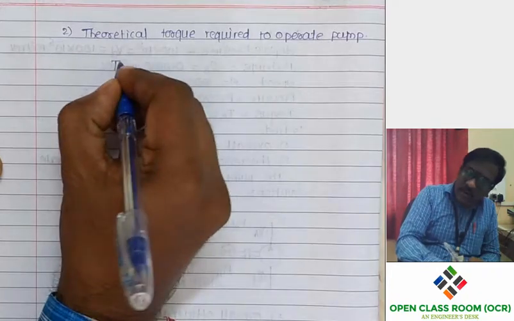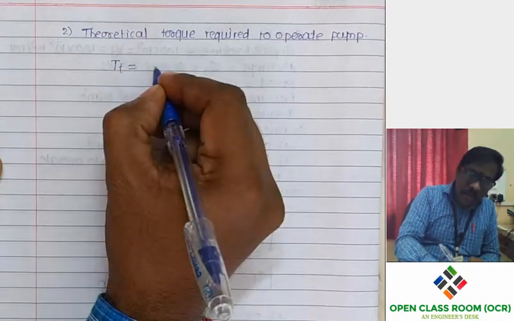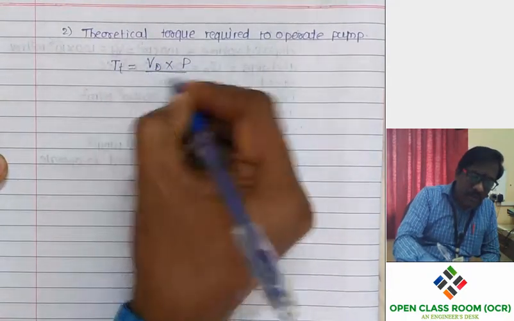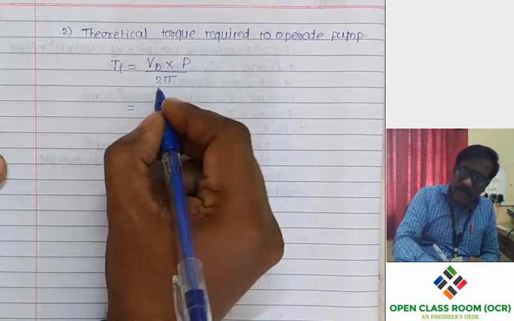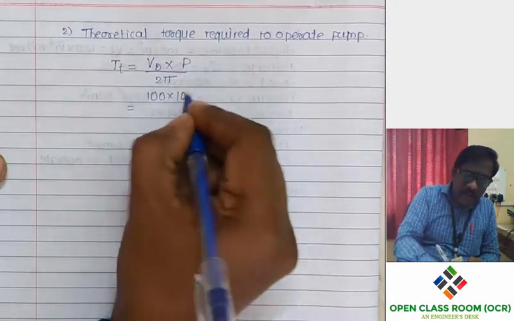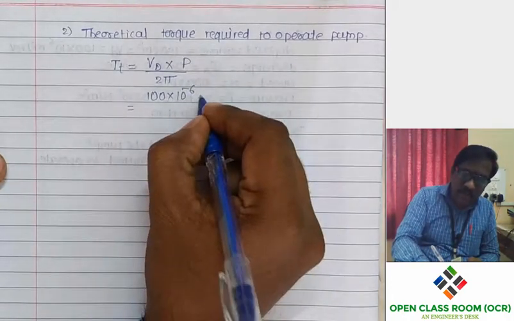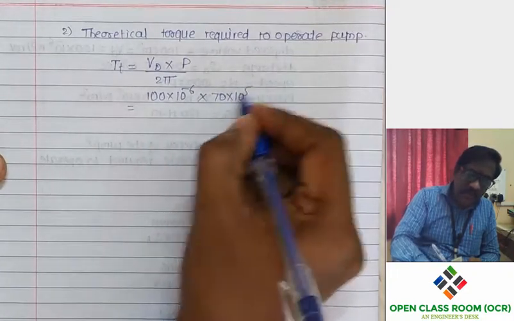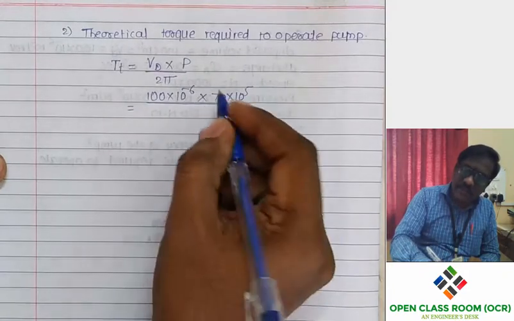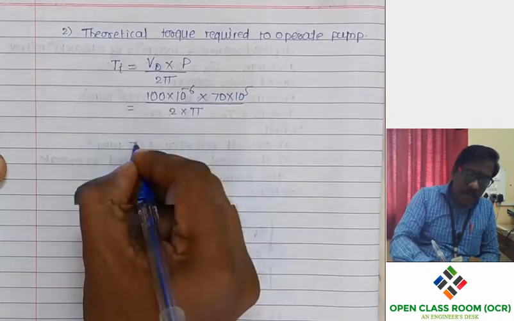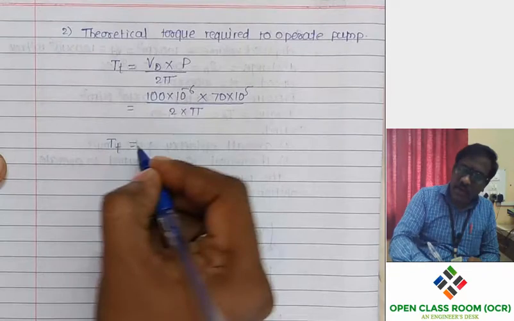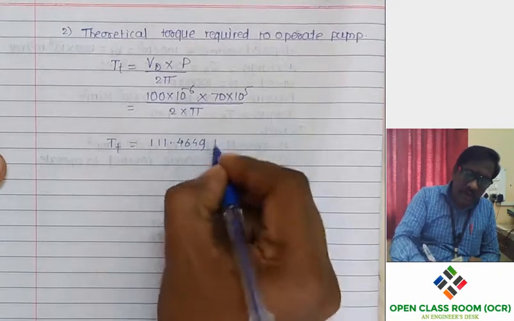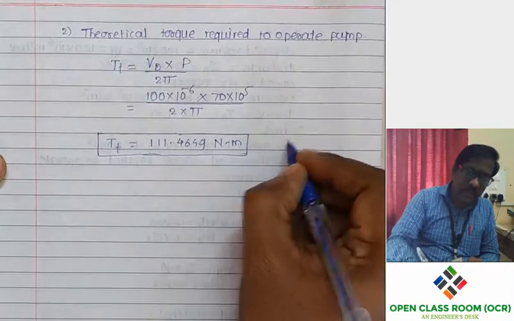The theoretical torque is given by the volume displaced times pressure upon 2π. So the volume displaced is 100 × 10^-6 m³ per revolution, the pressure is 70 × 10^5 N/m², divided by 2π. If we calculate, we get the theoretical torque as 111.4649 N·m. This is answer 2.